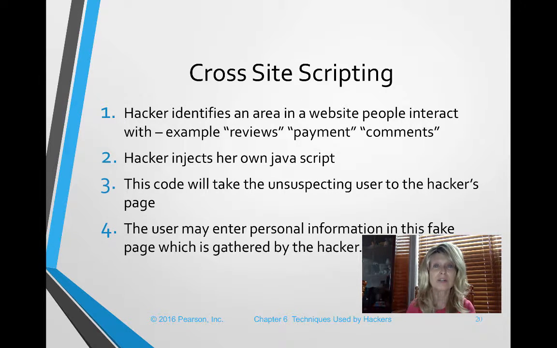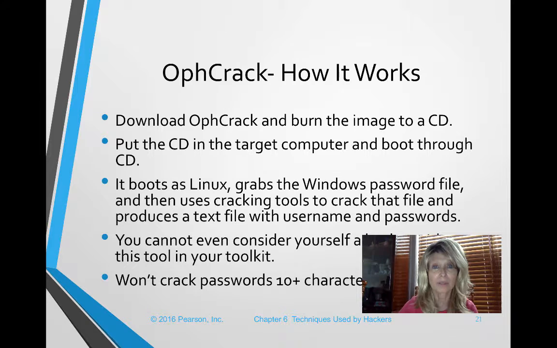Well, a hacker identifies an area in a website that's going to do that kind of transition over to a third party. And what it does is it injects its own JavaScript to send the unsuspecting user to the hacker's page. And then the hacker gathers all that information, which could be the potential buyer's name, address, and credit card. So this is called cross-site scripting.